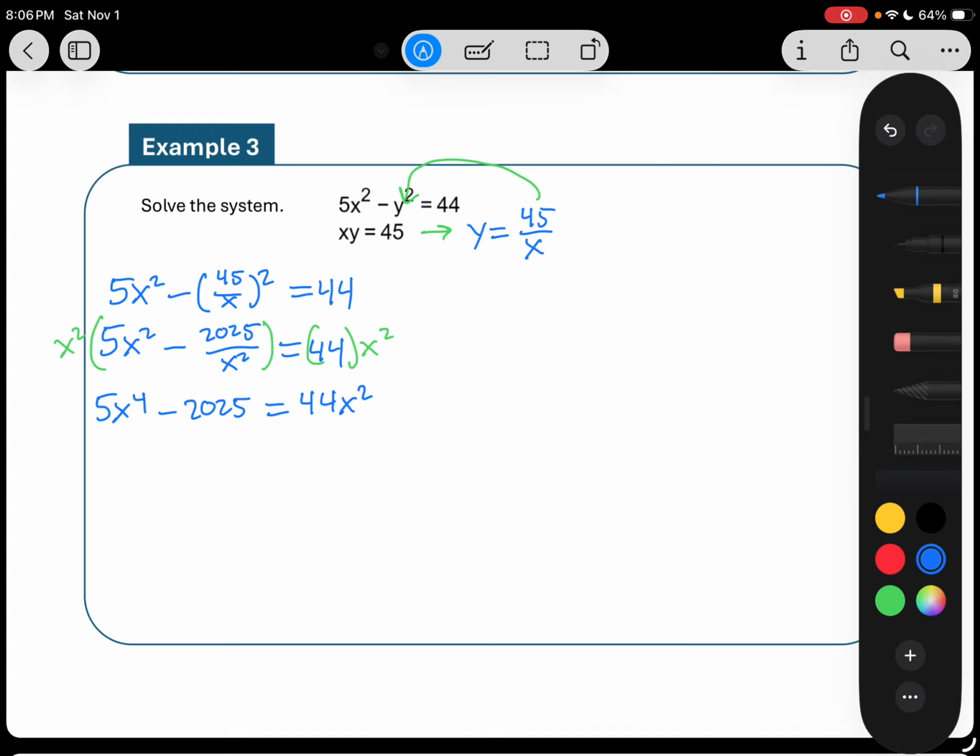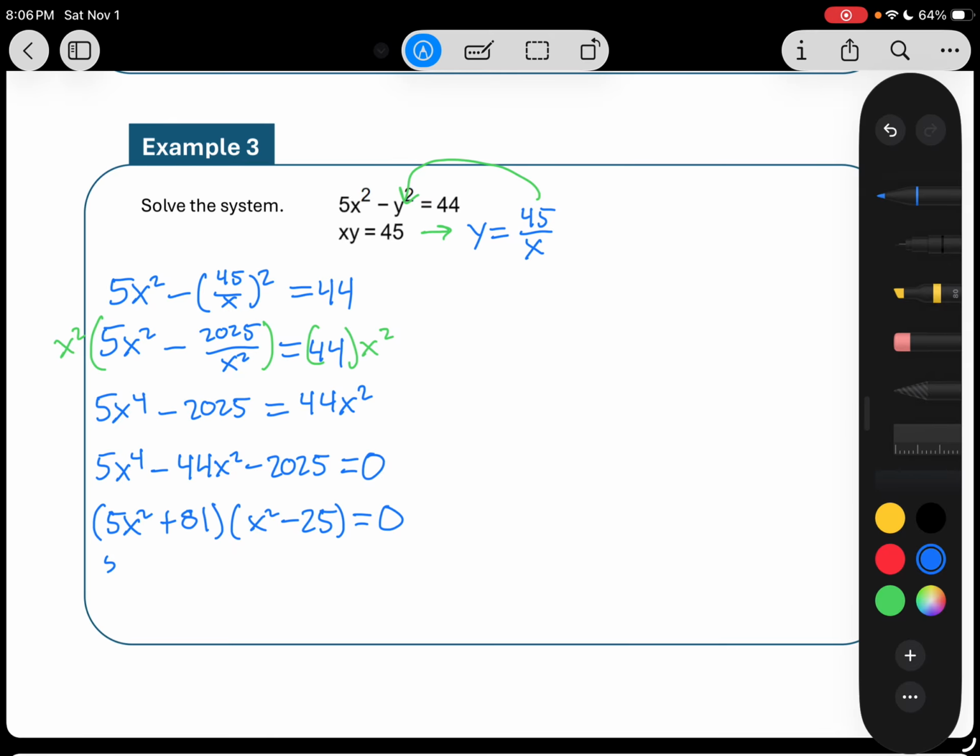Looks like we're going to have to get this equation equal to 0, and in standard form, and believe it or not, this is actually factorable. It factors to 5x squared plus 81 and x squared minus 25.